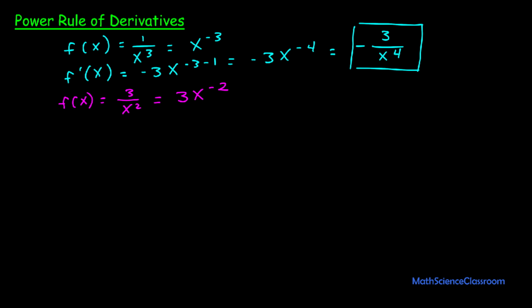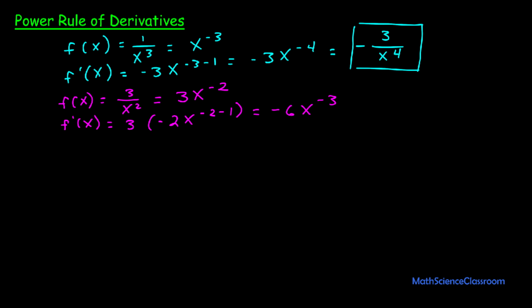So we can plug this into the power rule. f prime of x equals 3 times negative 2x to the negative 2 minus 1 power, and that equals negative 6x to the negative third power.